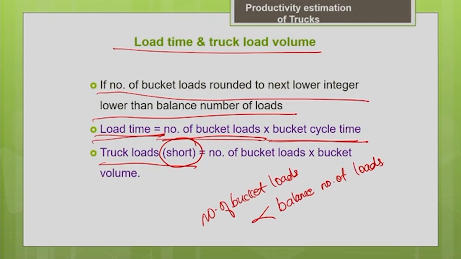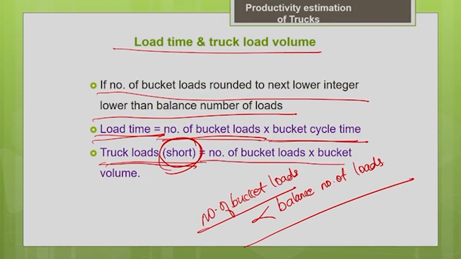Since the number of bucket loads is lesser than the balanced number of bucket loads, it is called a short load. So the truck load is not equal to the truck full capacity. How do we calculate the truck load? It is the number of bucket loads multiplied by the bucket volume, and this is not going to be equal to the full capacity of your truck.